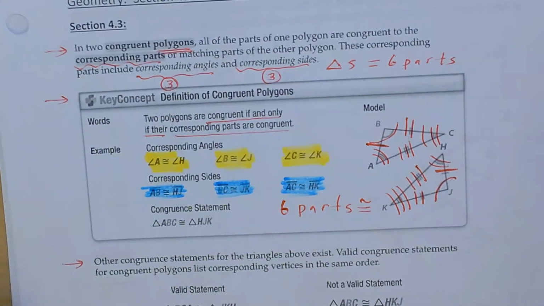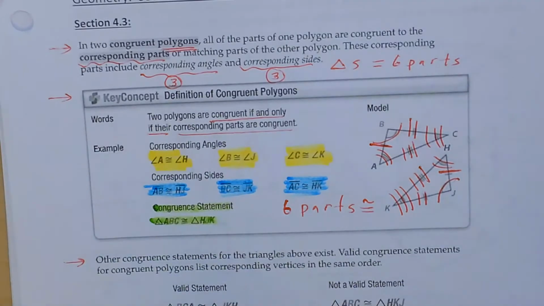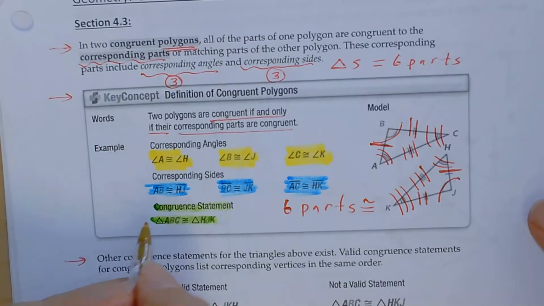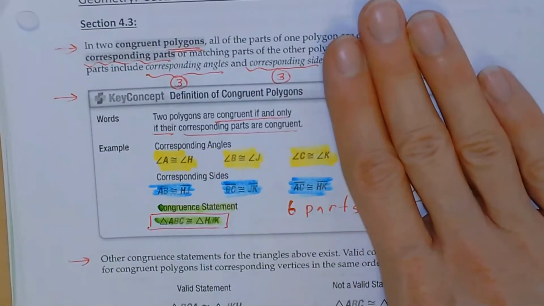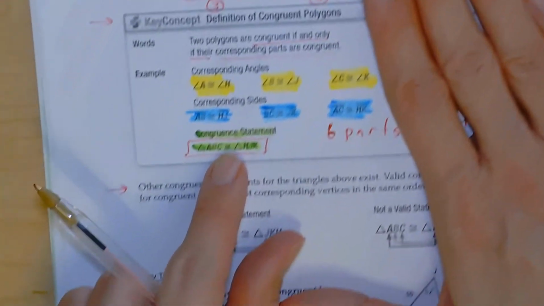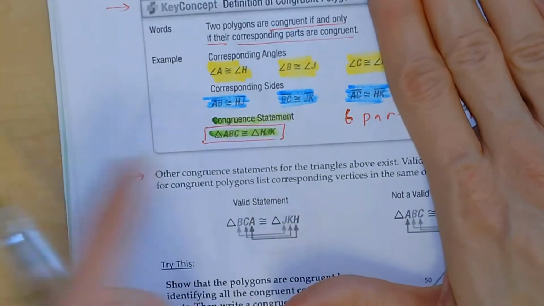Okay, so if that is the case, then you will be able to write something called a congruent statement. A congruent statement is a statement that matches up all the pieces of the triangle. The cool thing about a congruent statement is I could cover up the picture and get rid of it, and you could still tell me which parts match. Watch how cool this is. I'm going to ignore the picture for a second.